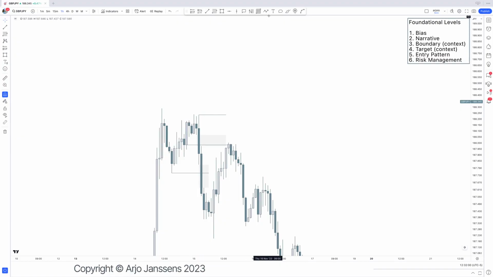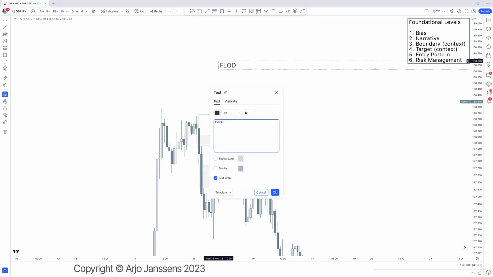FLOD, and the way I spell that is, by the way, F-L-O-D. This is FLOD. FLOD stands for first line of defense. Now, sometimes you will also hear me refer to it a little bit different, but that is also something that we're going to explain. Don't worry. Then we have LOD, which is also sometimes, you hear me refer to it a little bit different, the last line of defense in a different sense.